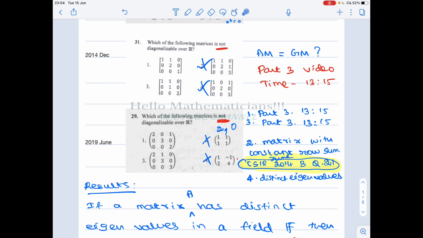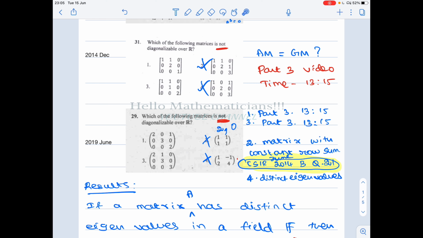So our basic idea is that whatever results we need regarding diagonalizable matrices are all given in the part 1, part 2, part 3 videos. Without those videos, I would have to keep saying each and everything repeatedly, which is time consuming and not good. If you watch parts 1, 2, and 3 very clearly, then you already know all the results related to diagonalizable matrices, and you can do all these problems very easily.